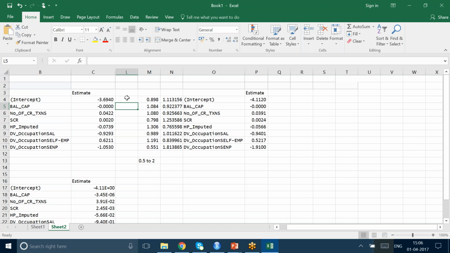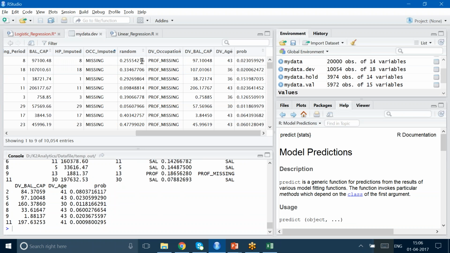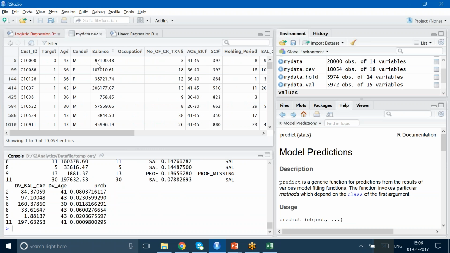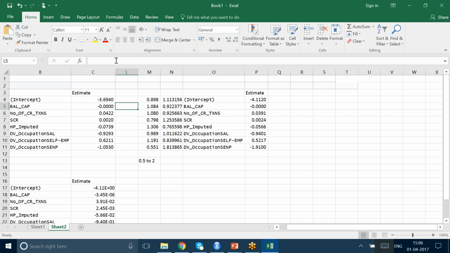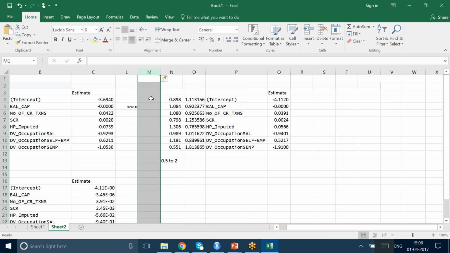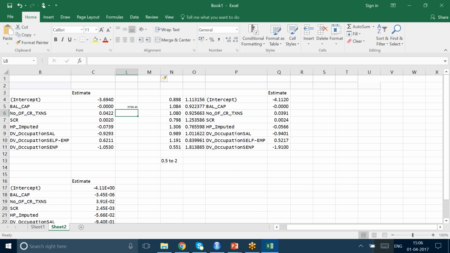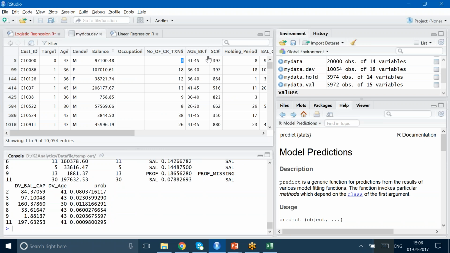Balance cap. So this is some particular record. Balance is this much, I'll put it here. Number of credit transactions for that particular customer is 3. I'll put that value. Score: what is the score of that customer? 397.